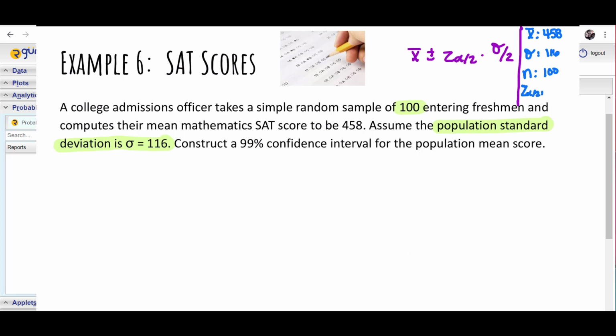So I'm going to go down here to find it using the standard normal curve, putting the confidence level in the middle, 99%. If 99% is in the middle, what's left? So what's left is 1%. And if I split that between the two sides, that gives me 0.5%. 0.5% is the same as 0.005. So my lower and my upper tail is going to be 0.005.